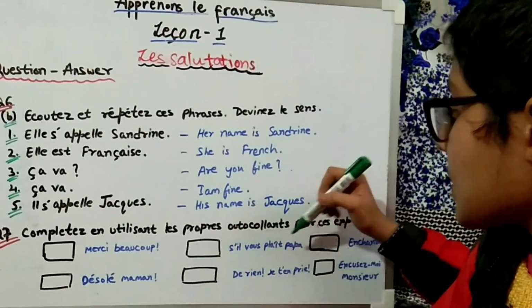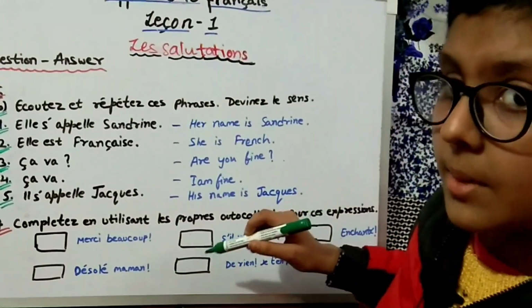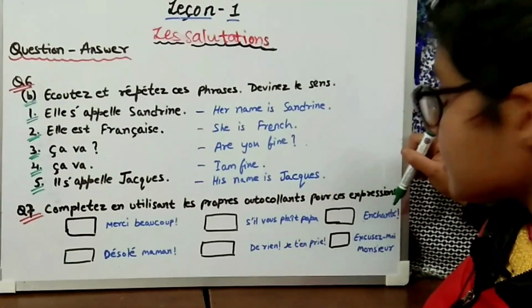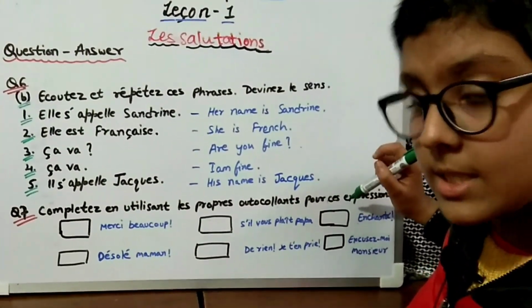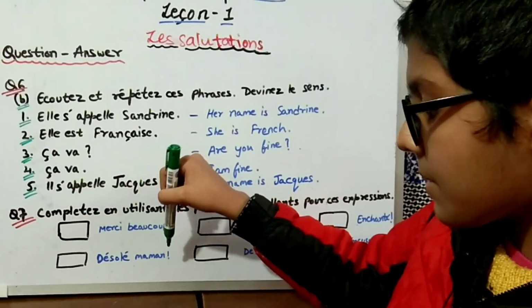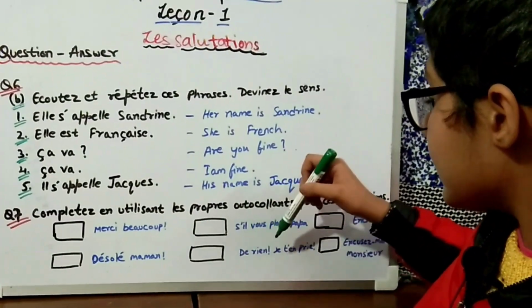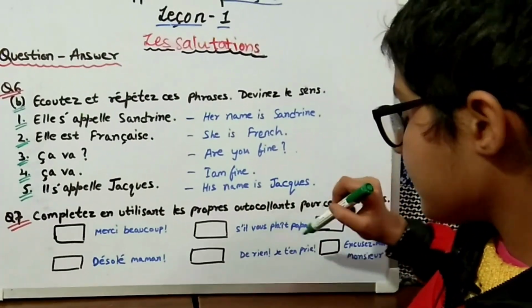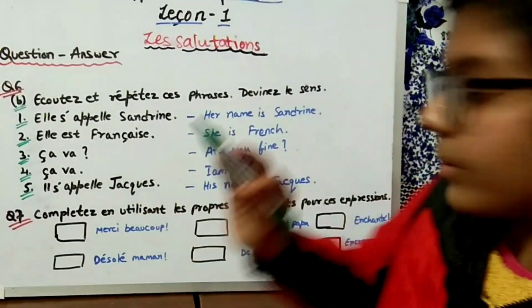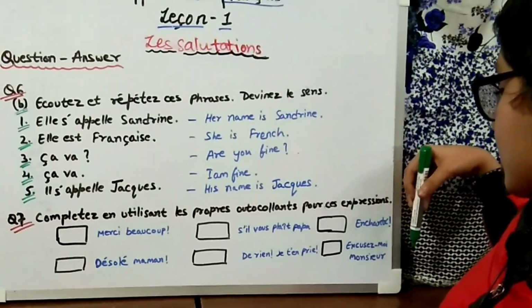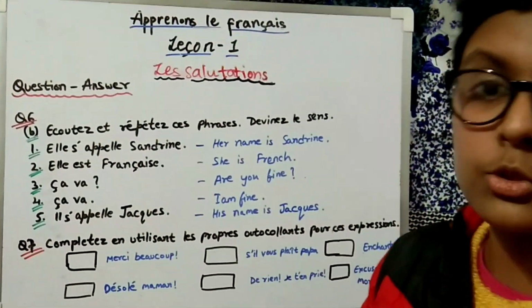Then comes s'il vous plaît papa, and that is please papa. Then comes enchanté. Enchanté is delighted. Désolé mama is sorry mama. Then de rien, je t'en prie means it's nothing, you're welcome. Excusez-moi monsieur, which means excuse me sir.